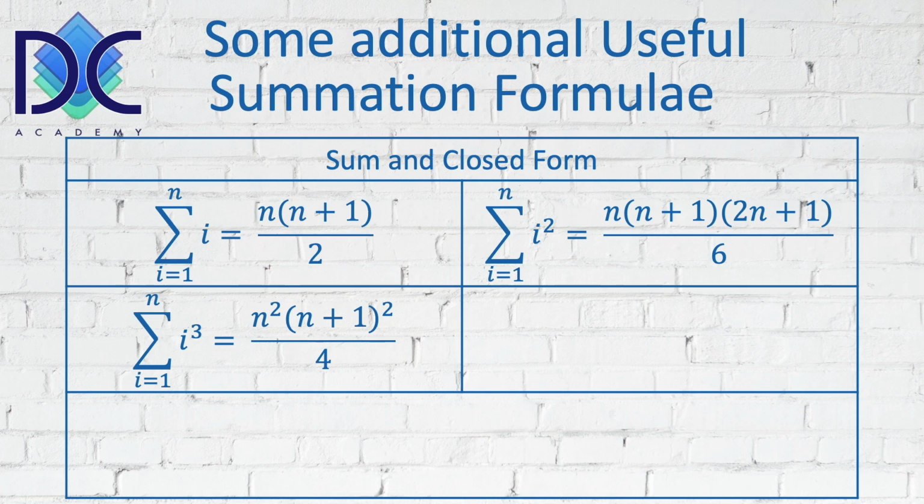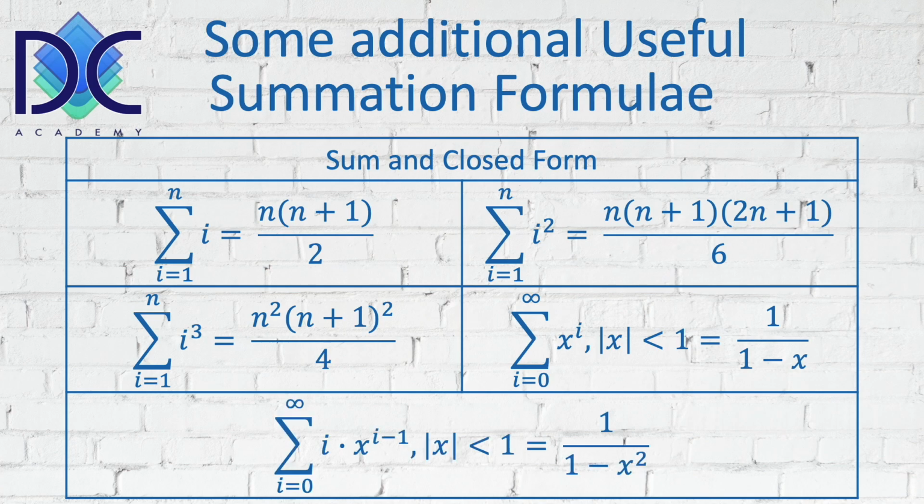We have an infinite sequence, i going from 0 to infinity, of x to the power i. The absolute value of x is smaller than 1. And we can say, in this case, that the sum of this sequence is 1 divided by 1 minus x.